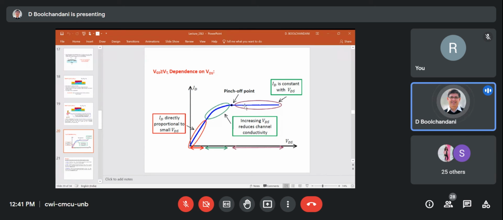If you see that the slope is zero in this curve between ID and VDS, that means the resistance is infinite. So whatever is the voltage across this device, the constant current flows through it. Right? So this behaves as an ideal current source beyond the pinch off.